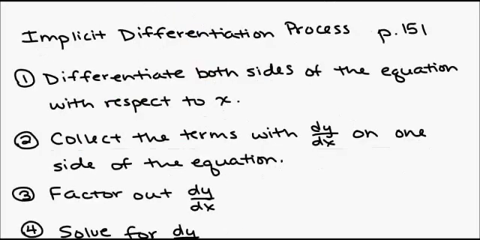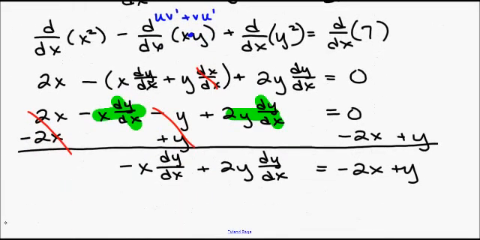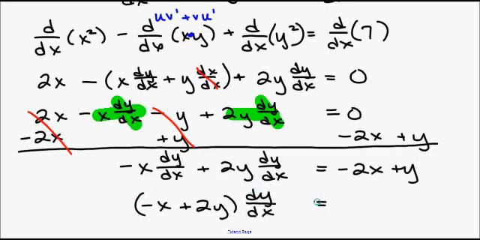Okay, so that was step 2. Now I need to do step 3, which is factor out dy/dx. So negative x plus 2y times dy/dx equals negative 2x plus y.